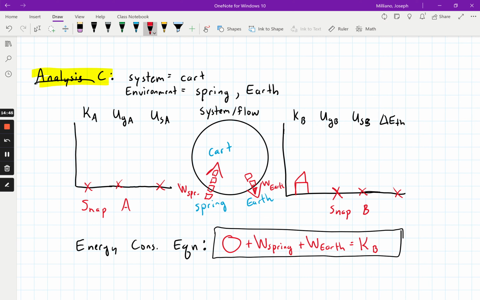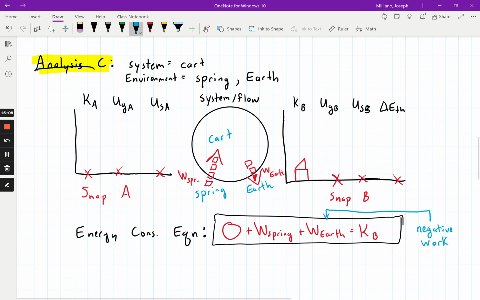You'll notice that I said plus the work by the earth. We are going to define this later on once we talk about work by the earth in more detail. We're going to define that as being a negative value. So this is a negative work. And so we're adding a negative number, which is why it's less than, but we're still going to put a plus sign there.